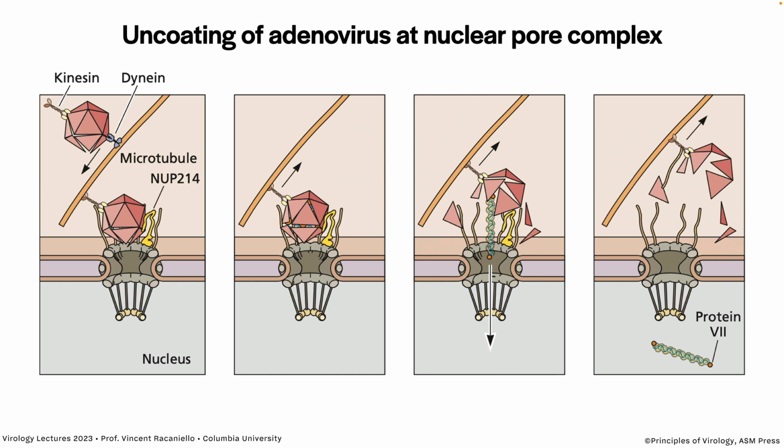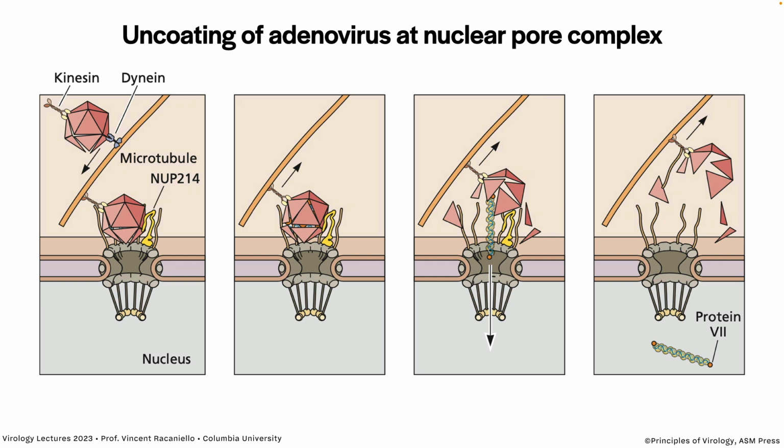So on the left, we see the virus being transported on the microtubule by a dynein motor, docks on the nuclear pore. And you know, these proteins, these dyneins and kinesins, these are proteins that attach cargo to the microtubule, right? There's also attached to the capsid a kinesin, and the kinesin pulls the capsid the other way.